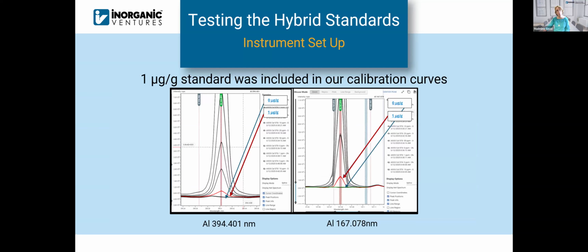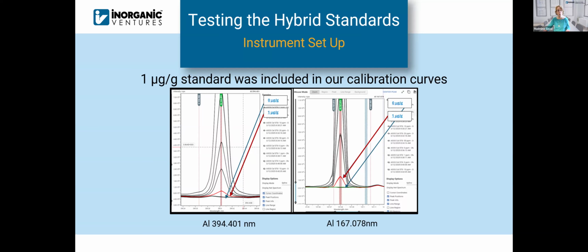We added the 1 microgram per gram standard to our calibration curves because we understood that for some testing of certain elements like aluminum, chromium, lead, and tin, in wear metals testing, they need to be detected in concentrations down to 1 ppm.